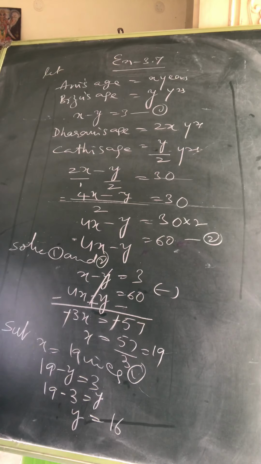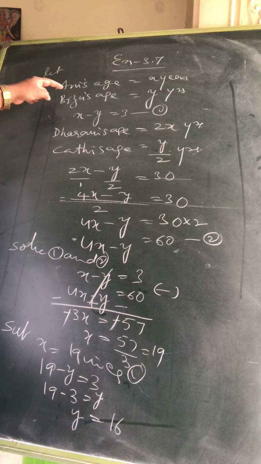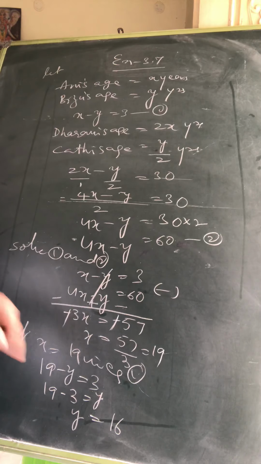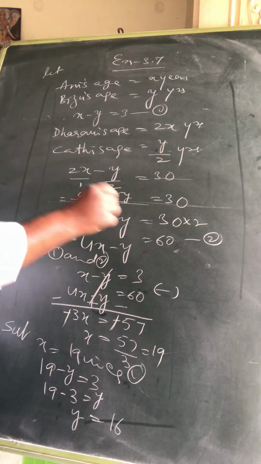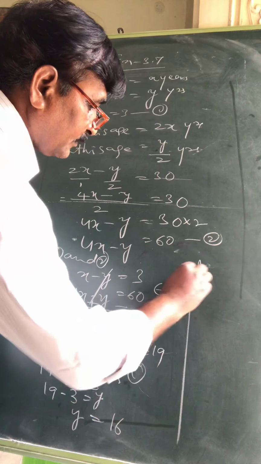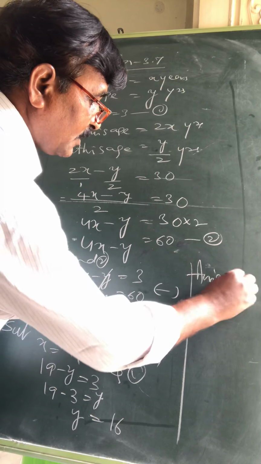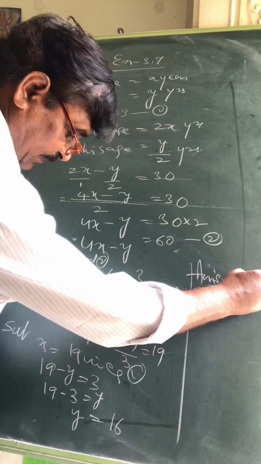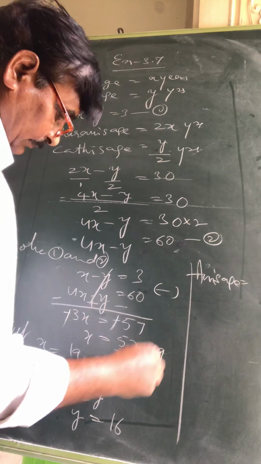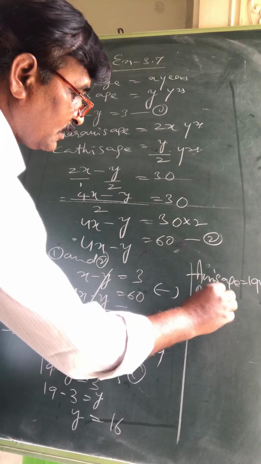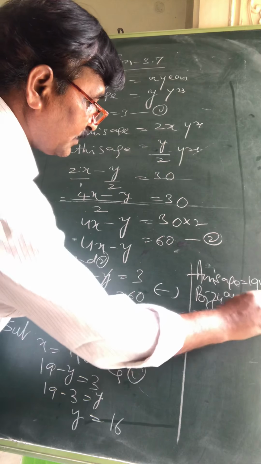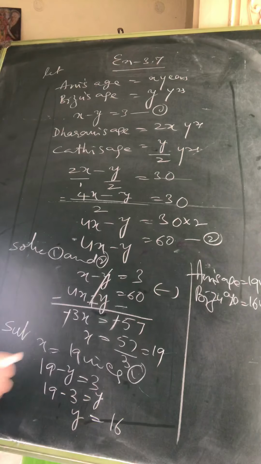So now you got x and y. x is the age of Annie and y is the age of Baiju. So Annie's age is equal to x. x means how much? 19 years. Baiju's age is equal to 16 years.